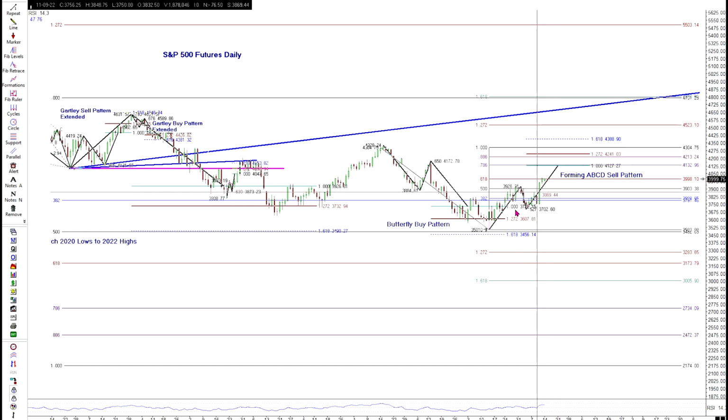So these types of patterns allow you to see in advance exactly where the price levels are that the pattern may be completing, and then you can monitor as price gets closer. But what I've noticed with this portion of the leg is that when the price started to come back up again, we've got a very long bar here.